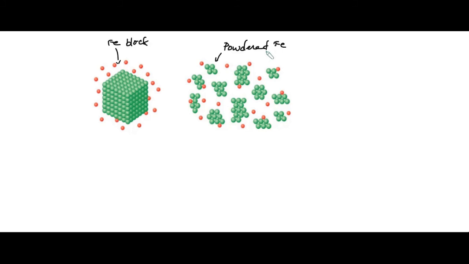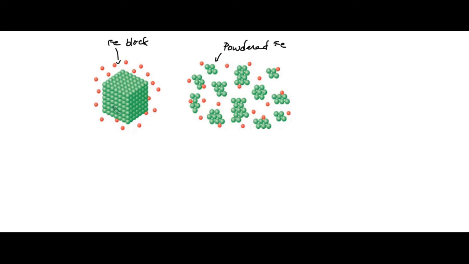Or in other words, we can say that in a block of iron, the surface area that gets exposed for the iron particles and copper sulfate particles to undergo collision is greatly less. But when we are going with powdered iron, the surface area of iron particles gets increased.